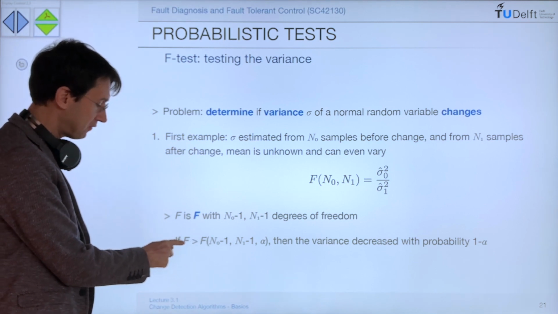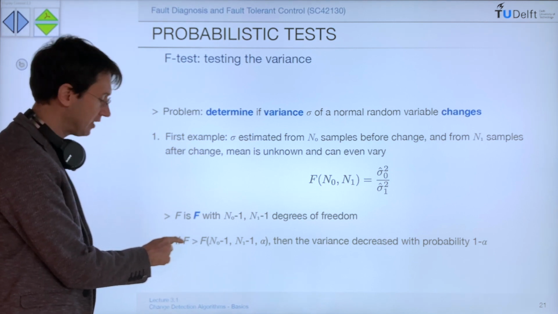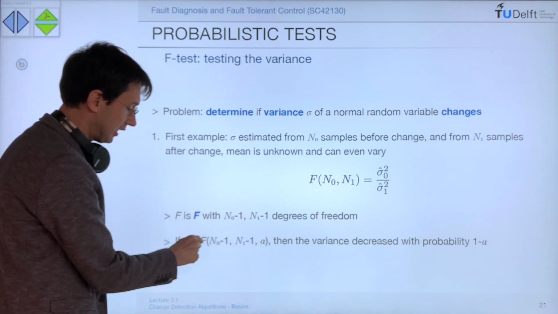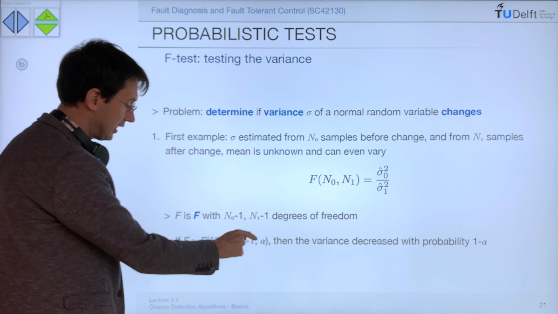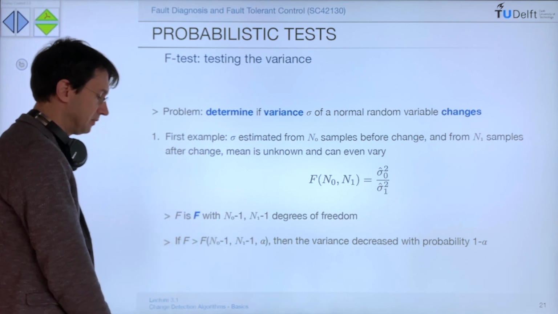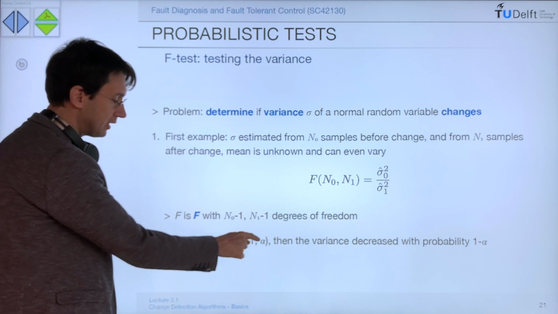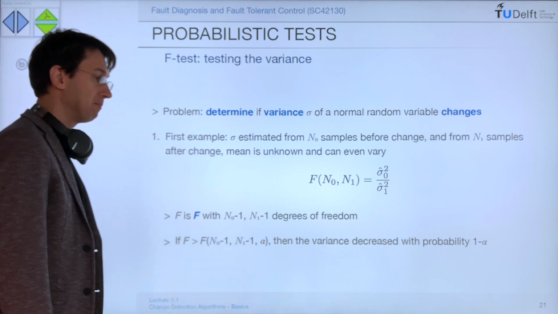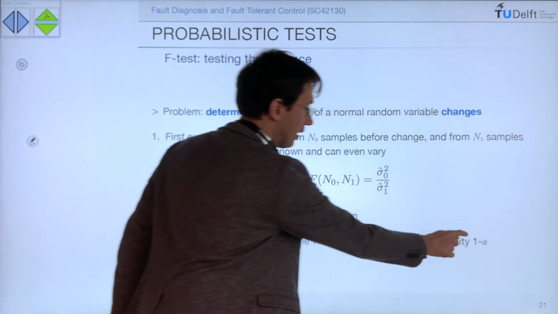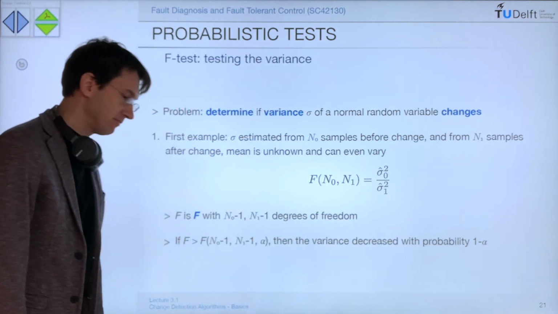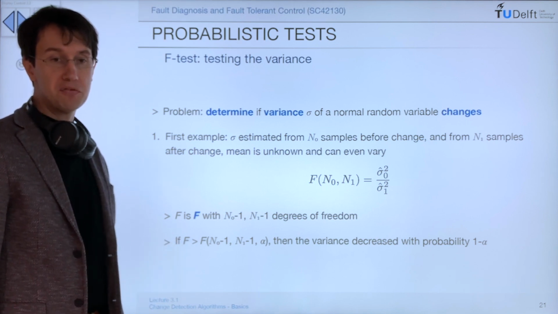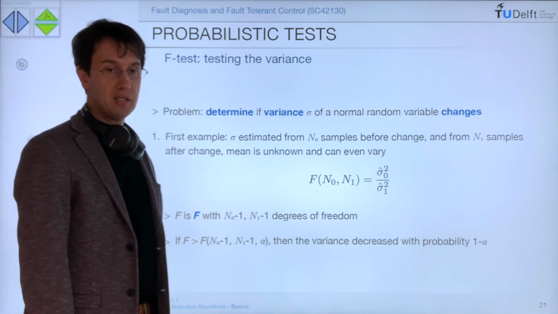So we check if the value we get for the F variable is bigger than this threshold. And this threshold depends on the CDF of the F variable with these degrees of freedom and this confidence level, 1 minus alpha. So again, this is something that either is available in software or you have tables in books.